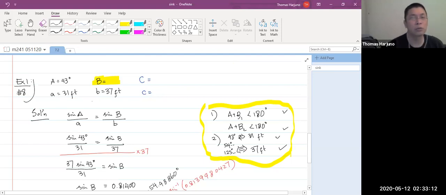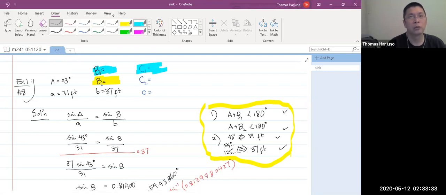There are two possible solutions, but notice that for B1, we have a corresponding C1. For B2, we have a corresponding C2. So if you use B1, then C1 will be the one corresponding to that. If you use angle B2, then you have angle C2 corresponding to that. And furthermore, you have side C1 and side C2.